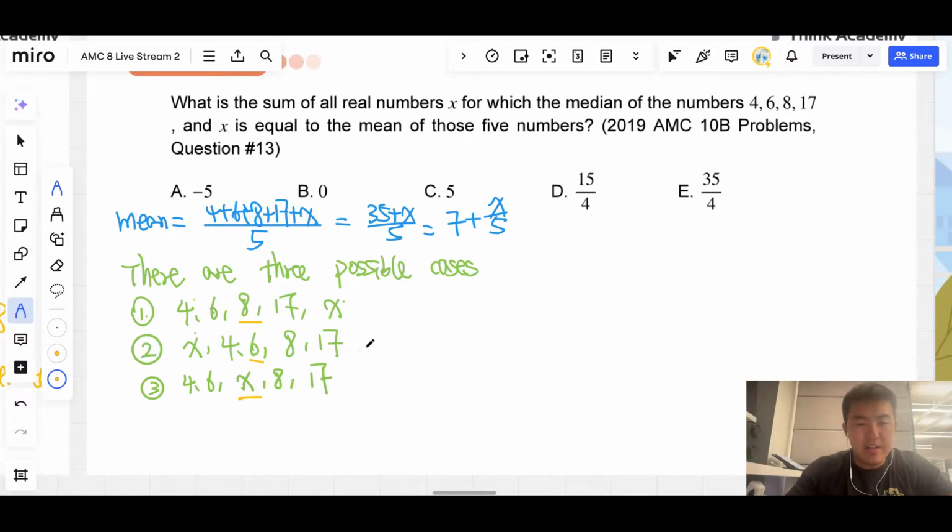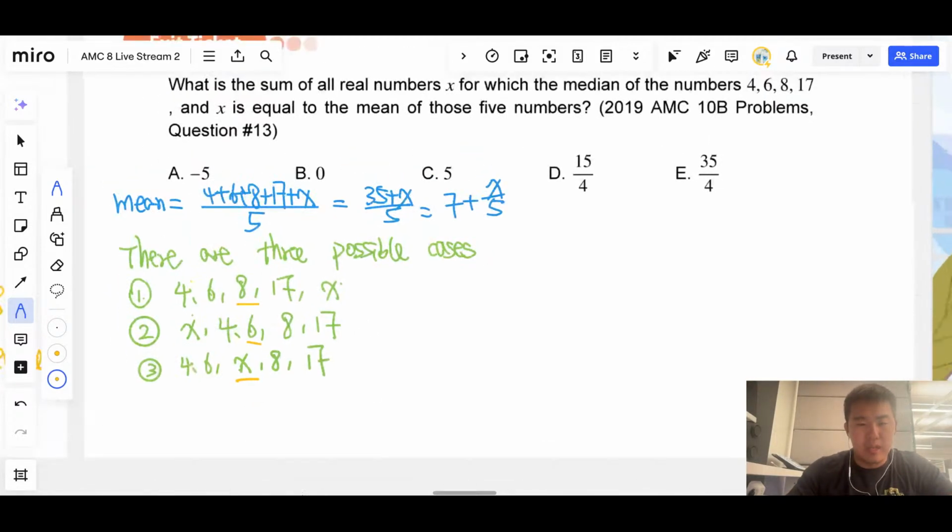Okay, after understanding all the possible cases, we can investigate each case. So let's first try case number 1. Case 1 is when the median is equal to 8. So when the median is 8, it has to be equal to the mean, because we're given that the median of the numbers is equal to the mean.